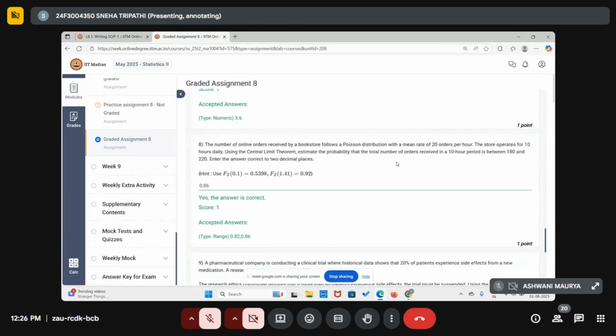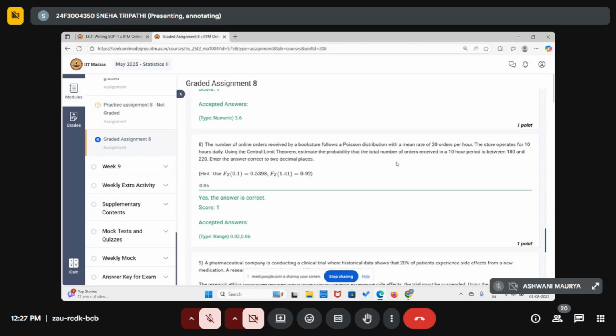So the number of online orders received by a bookstore follows a Poisson distribution with the mean given. The store operates for 10 hours daily. Then the total number of orders received in a 10-hour period is this. Using the central limit theorem, we have to solve.